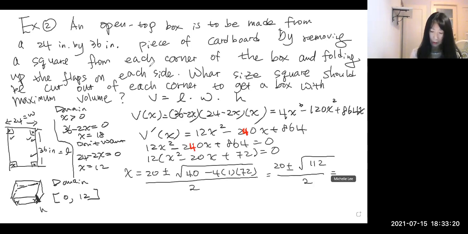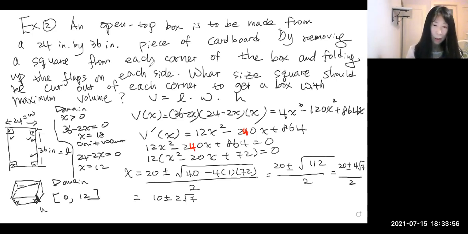Then we simplify: 4 square root of 7 over 2. Then simplify more. The 2 goes into 20 ten times. So 10 plus or minus 2 square root of 7, like that. Then just evaluate the critical points and domain endpoints in the function.